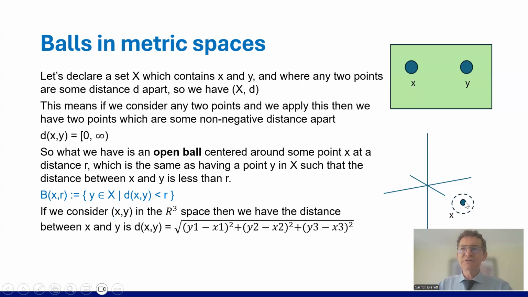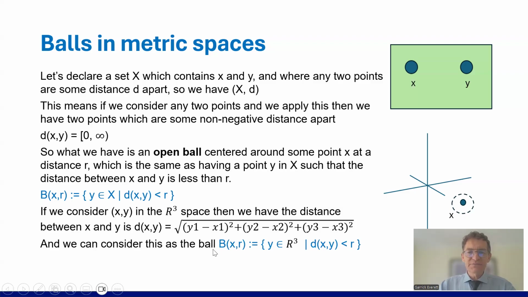If we're considering this in real space, in R3, you would have seen something like this before. If you want to find the distance, you've certainly seen it with Pythagoras. Hopefully you've done some 3D space and want to find the distance between 2 points. You go (y1 minus x1) squared plus (y2 minus x2) squared plus (y3 minus x3) squared, and that's the distance formula in 3D space.